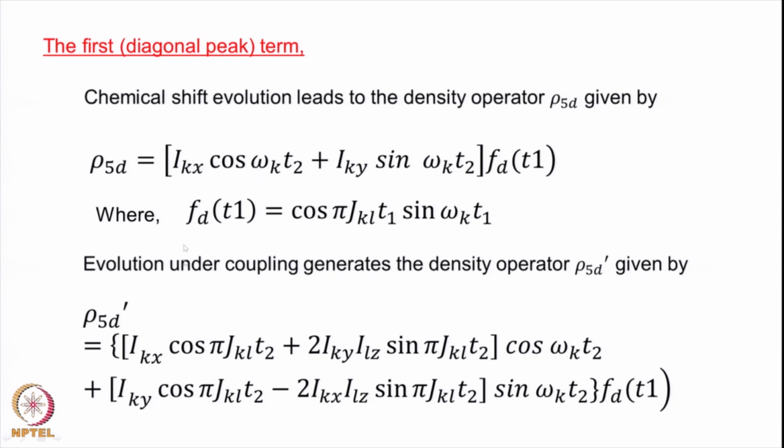The first term gives me here IKX cosine pi jkl T2 plus 2 IKY ILZ sin pi jkl T2, and cosine omega k T2 remains from here. And the second one gives me IKY cosine pi jkl T2 minus 2 IKX ILZ sin pi jkl T2, and this sin omega k T2 is from here, and then all of it is multiplied by FD T1.